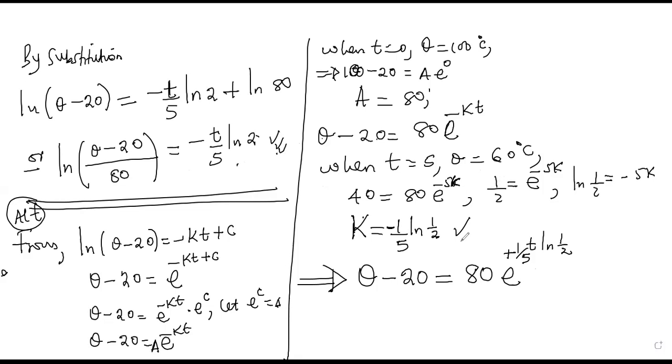But let's check this properly. A half is equals to e power negative 5k. Then ln a half is negative 5k. So k is negative 1/5 ln a half. Yes. Then I bring it here.